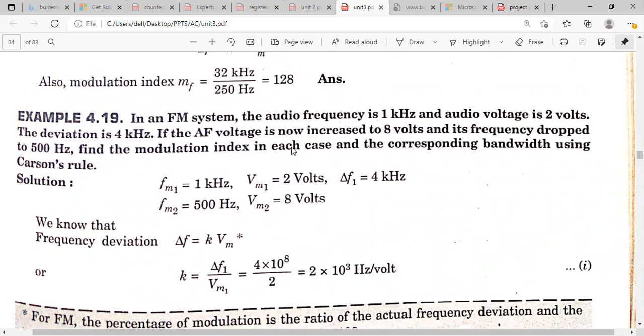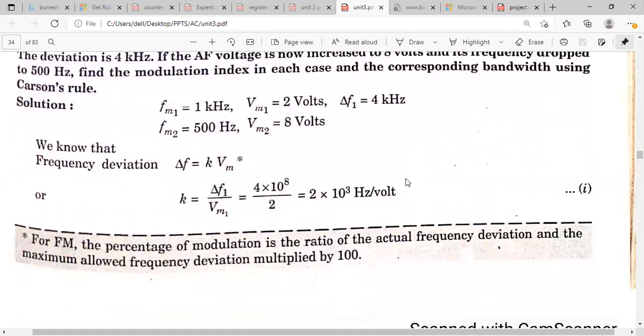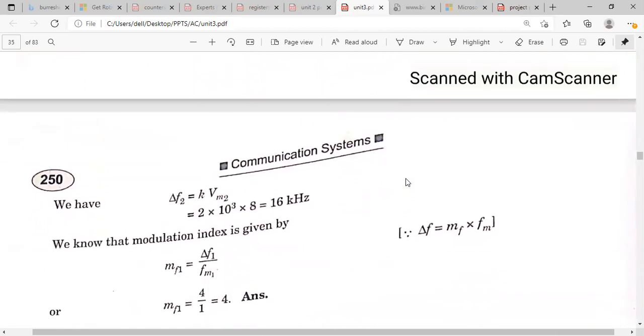Find the modulation index in each case and the corresponding bandwidth using Carson's rule. So to calculate the modulation index, what is the formula? Delta F by FM. Delta F and FM are known, so you can calculate the modulation index. The modulation index is equal to 4 in the first case.